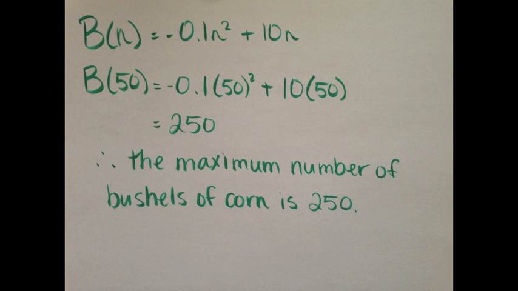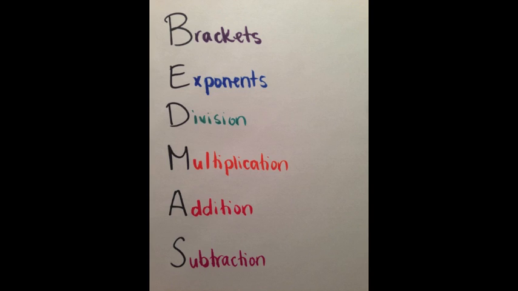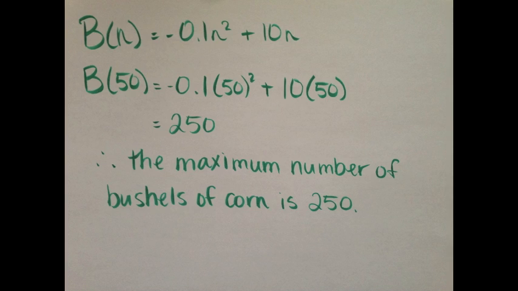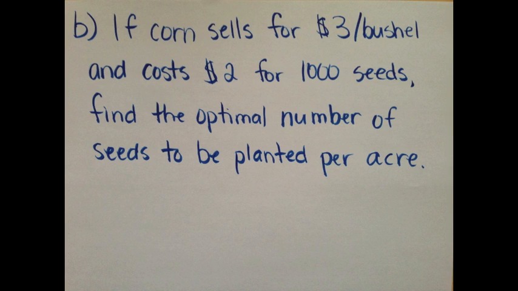Then you would end up with B(50) is equal to negative 0.1 times 50 squared plus 10 times 50. Going to the rules of BEDMAS, you would first take the exponent 50 squared, then multiply the answer by negative 0.1, then add your value of 10 times 50, which should give you an answer of 250. Therefore, the maximum number of bushels of corn is 250.